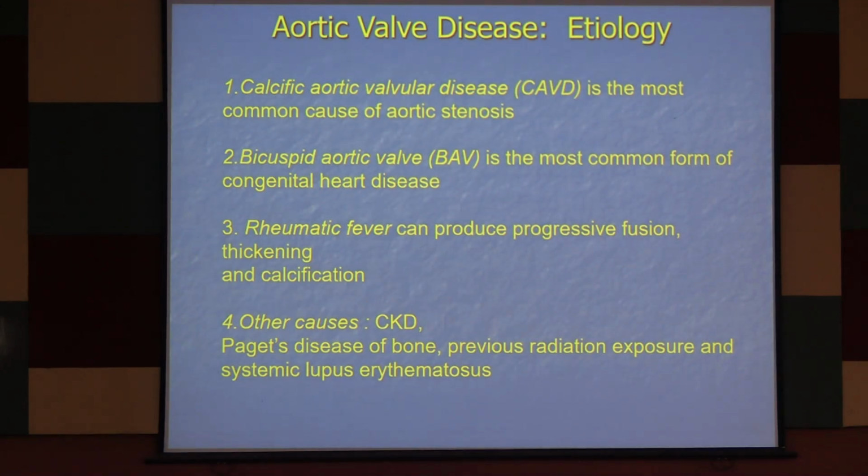Calcific aortic valve stenosis is not a static process. It is a dynamic process having in common certain features of vascular atherosclerosis that may include endothelial dysfunction, meta-inflammation with cytokine release, and the lipid accumulation with resultant fibrosis and subsequent development of calcification.